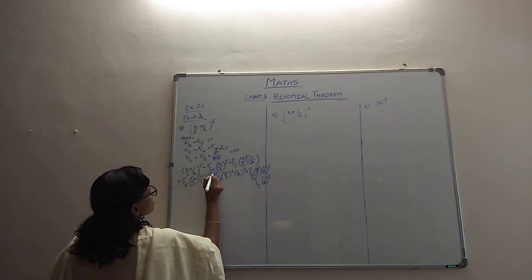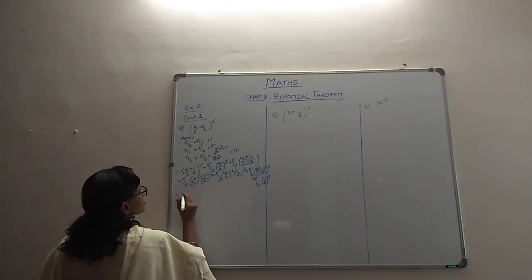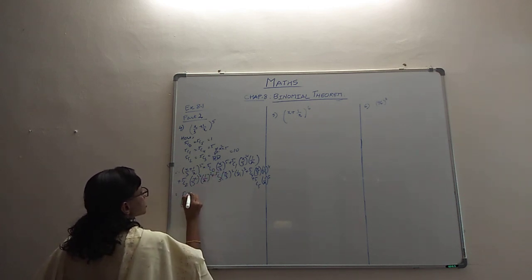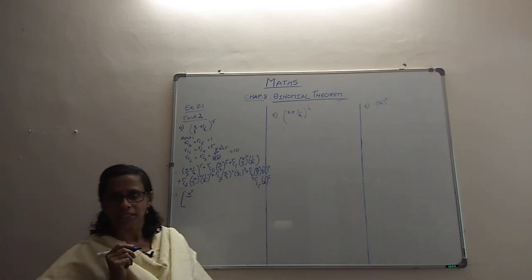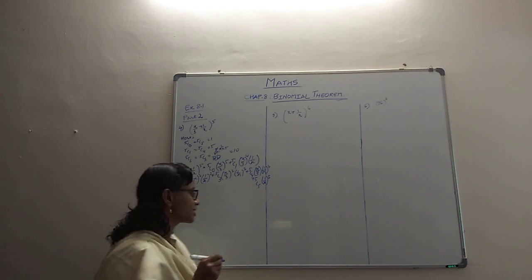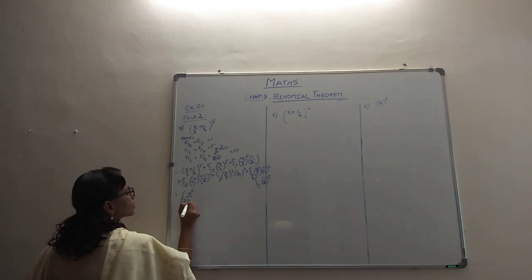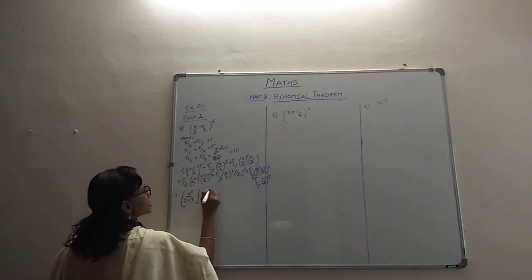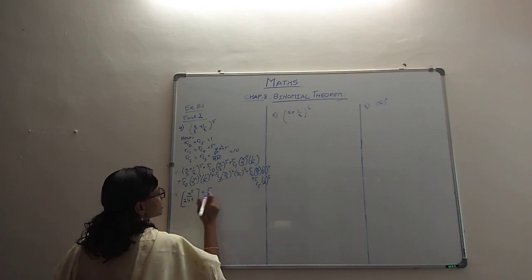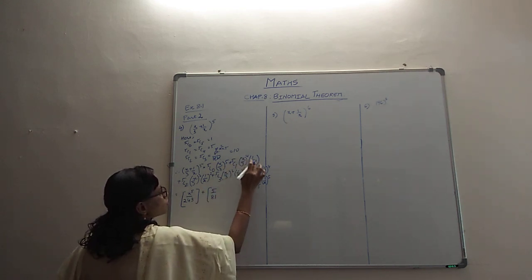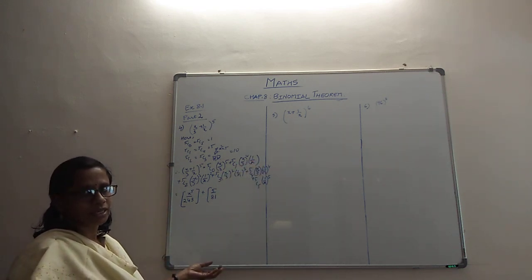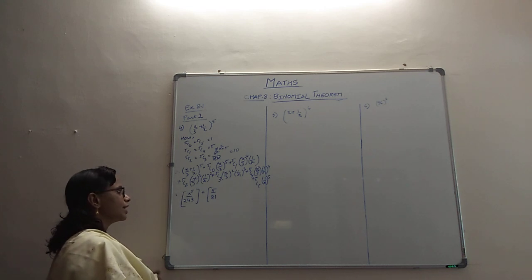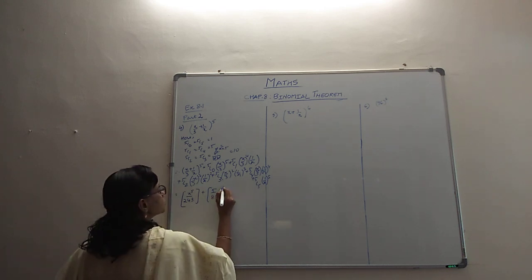We have 5C0 as 1, and so in the first term we have x^5 and 3^5. Do I remember what we did in the previous? 243. Yes, so 243. Then 5C1 was 5 and 3^4, so 5 by 81. x^4 is there, x is there. You can write it as a step, otherwise we can cut it and write it directly, it's x^3.